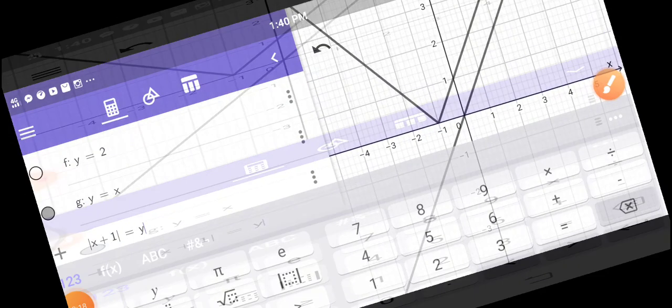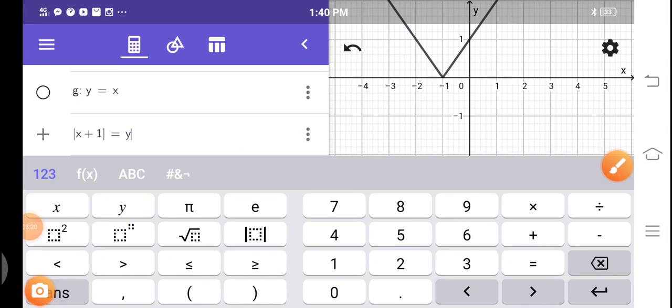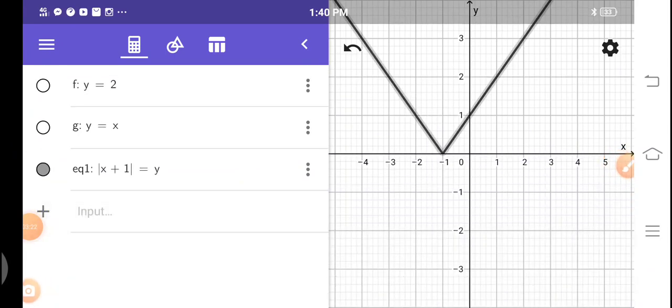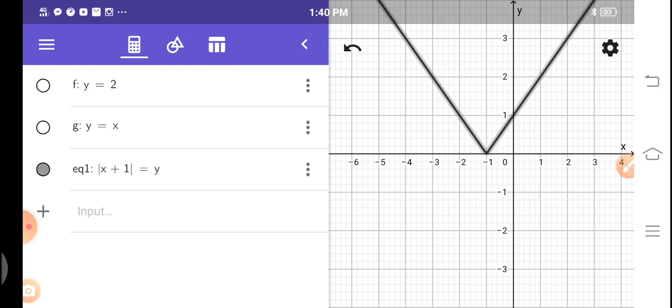I cannot find the graph for absolute value function. Where is it? Absolute value of x plus 1 is equal to y. So this is an example of an absolute value function. Y is equal to absolute value of x plus 1.